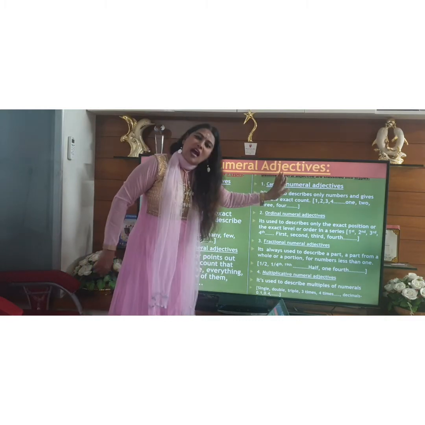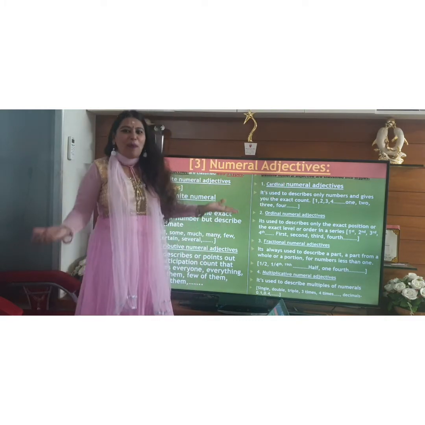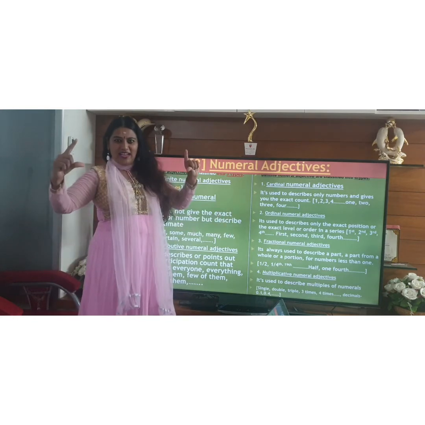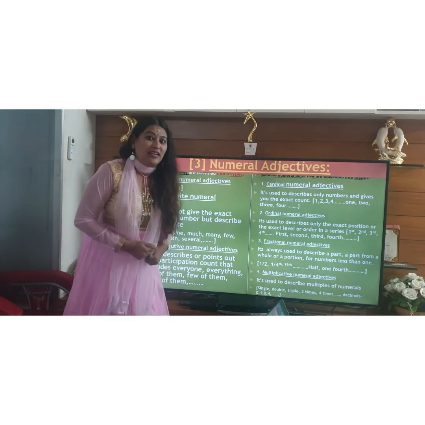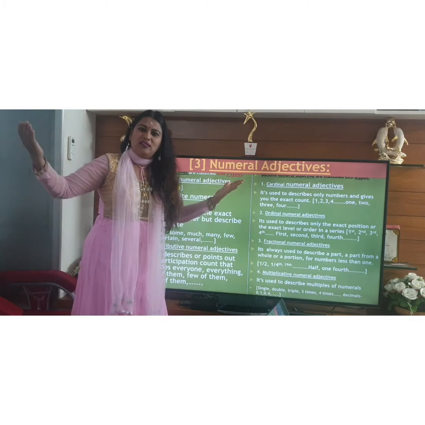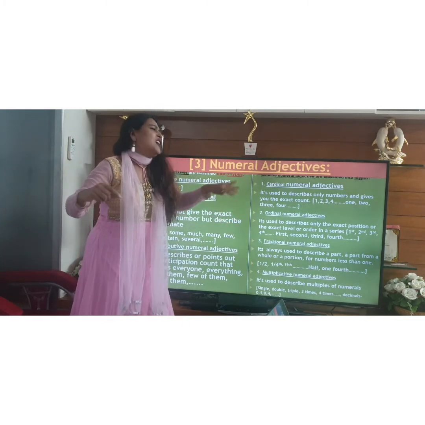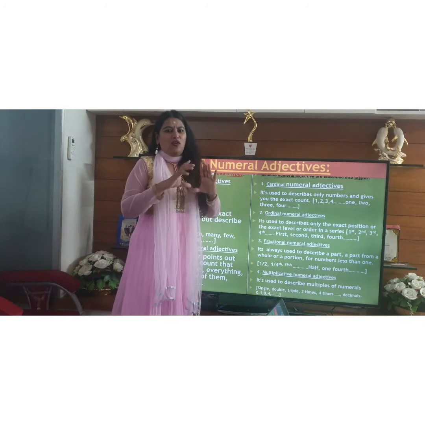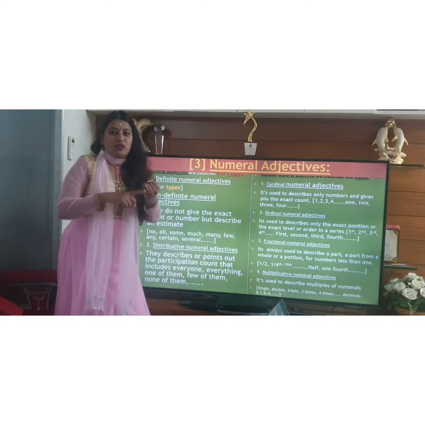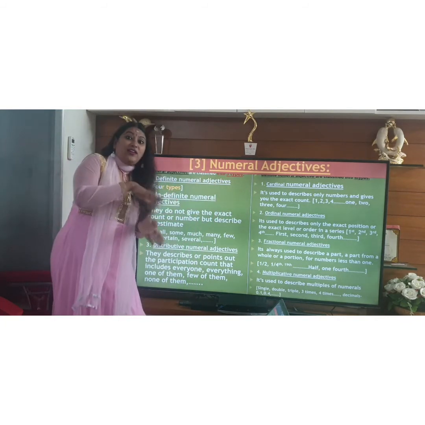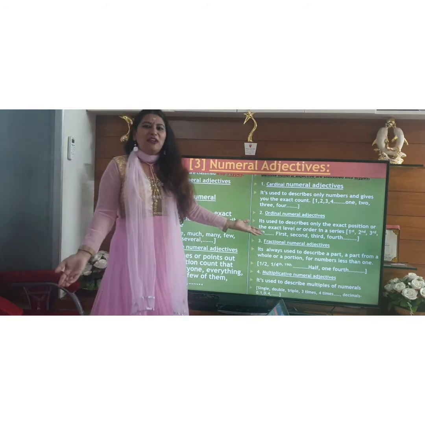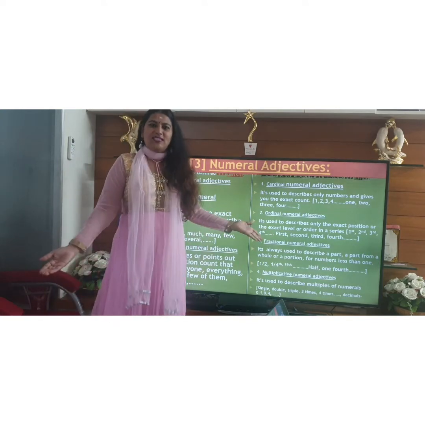Car. What does a car have? Numbers. The number plate, for 1, 2, 3, 9, 10, whatever. It's followed by numbers, right? So anything that is followed by numerical numbers 1, 2, 3, either in figures or in words, is called a cardinal numeral adjective. So how easy is that?